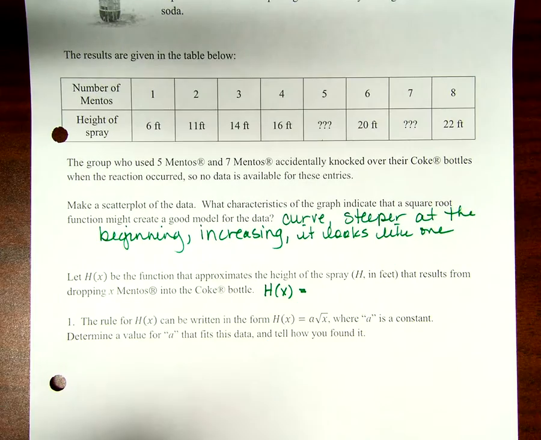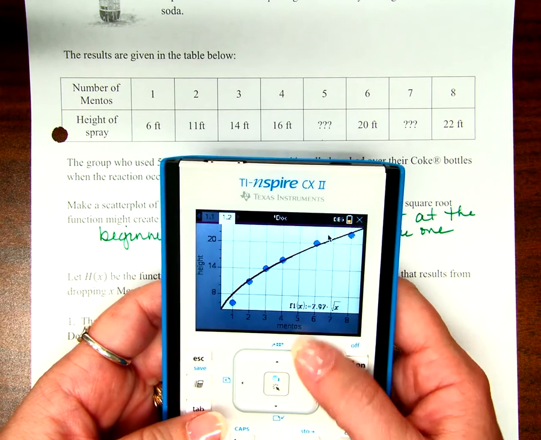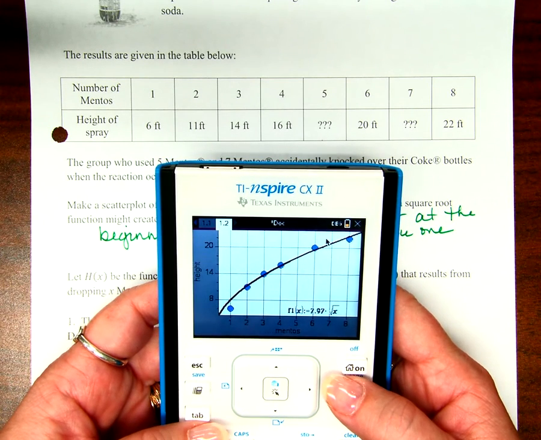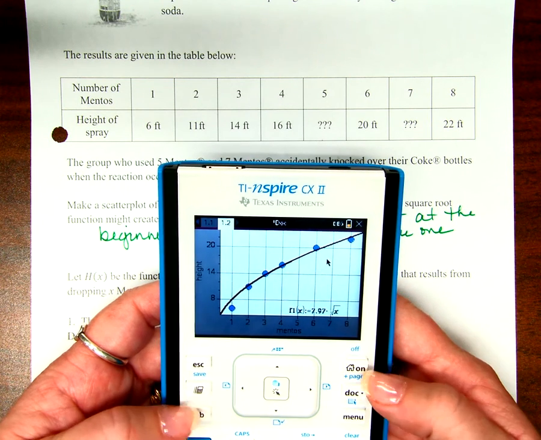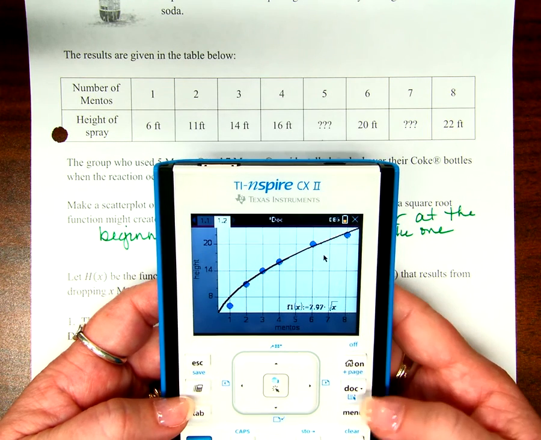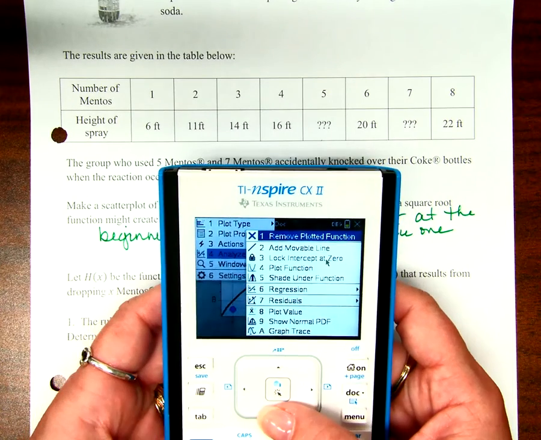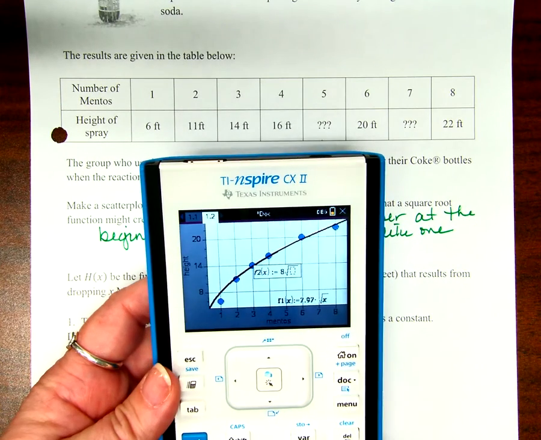Did anybody get anything else besides 6 or 8? I got 7.97. How is this one different than 8? Menu, analyze, plot function, 8 times the square root of x.